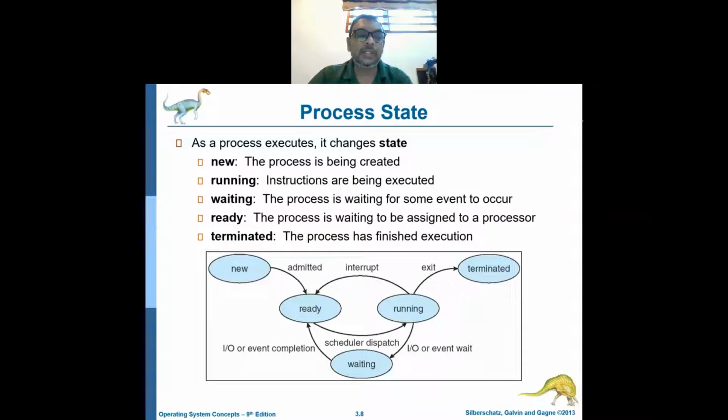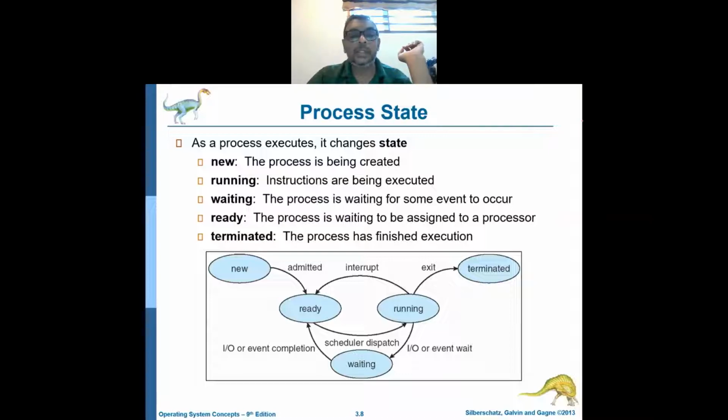Okay, now let's continue. When you double click your program, that program is transferred and becomes a process. This transition from a program to a process goes through several states: new, running, waiting, ready, and terminated.